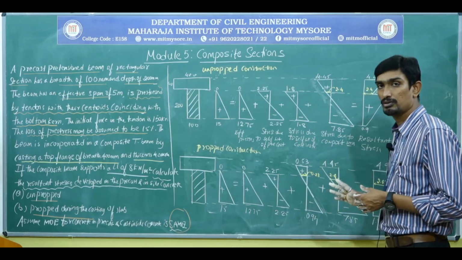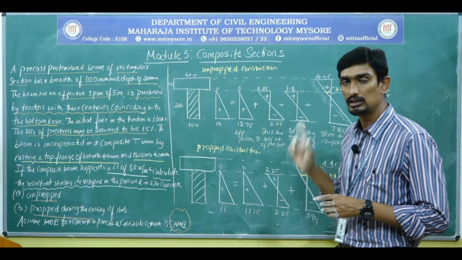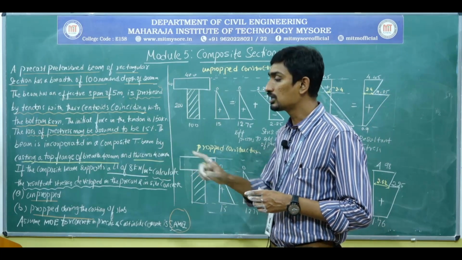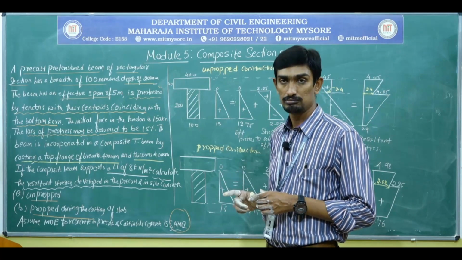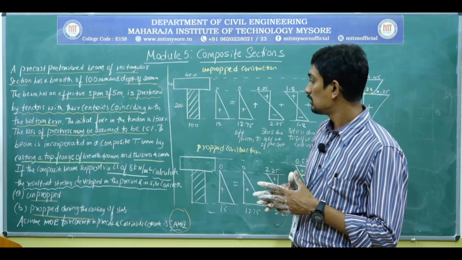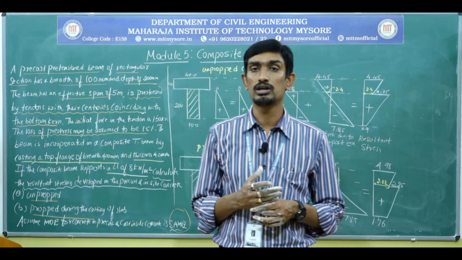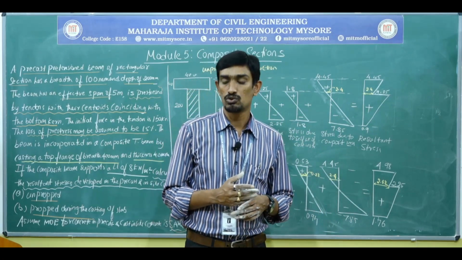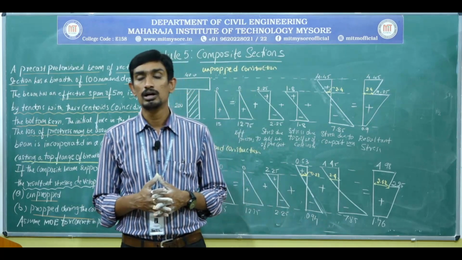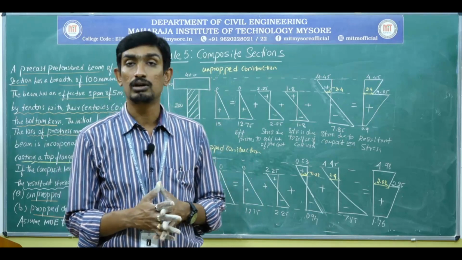There it changes, and the rest of the things remain same. That is one thing. And in this problem, the moduli of elasticity remain same. So it is another case. Like this we calculate the resultant stresses for the composite section. Hope you have understood.